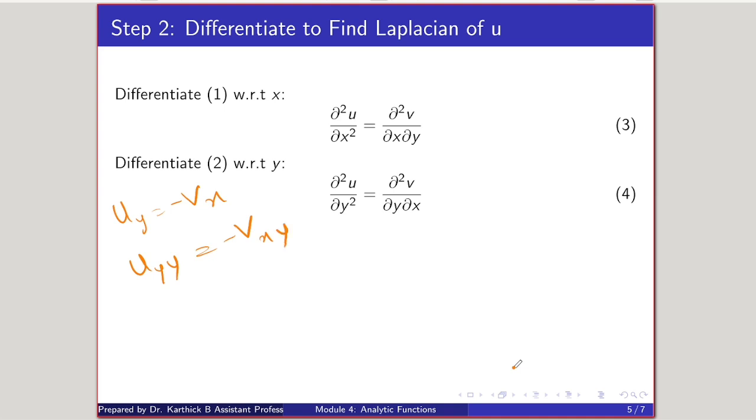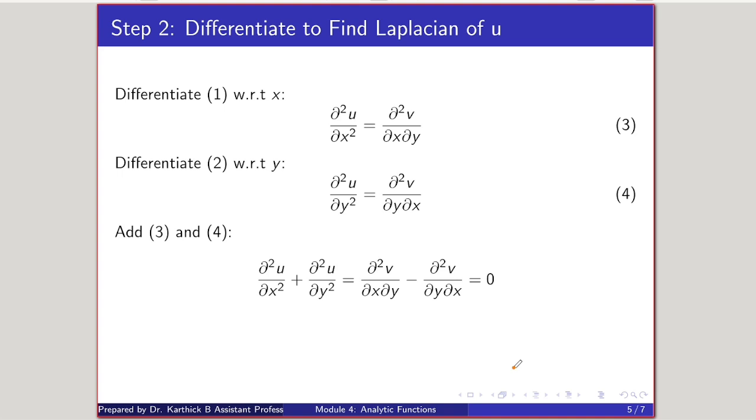While differentiating, I am getting the next value. I am adding up both 3 and 4. It will be in the form of dou square v by dou x dou y minus dou square v by dou x dou y. So simply, here it is uxx plus uyy.